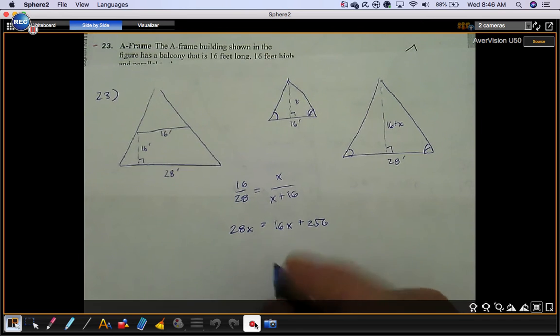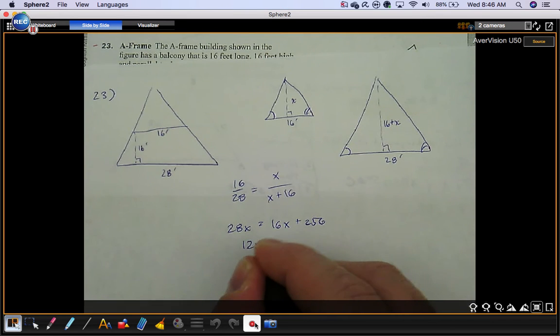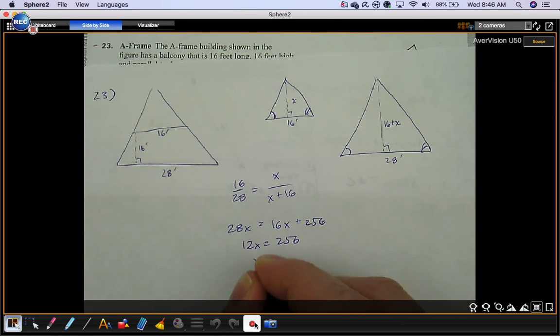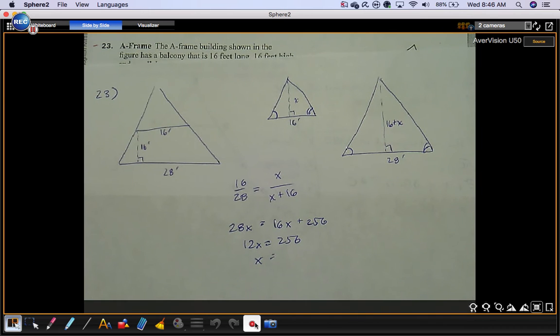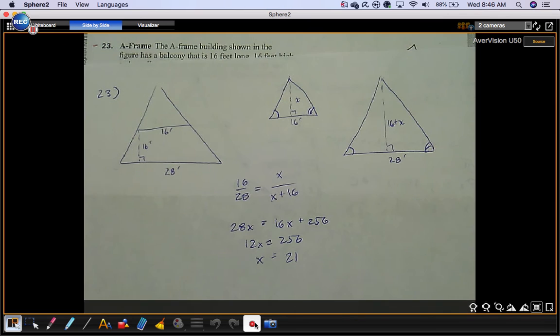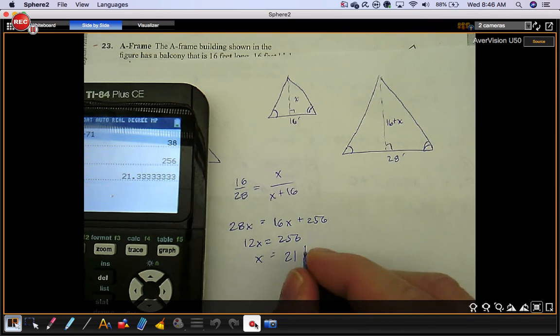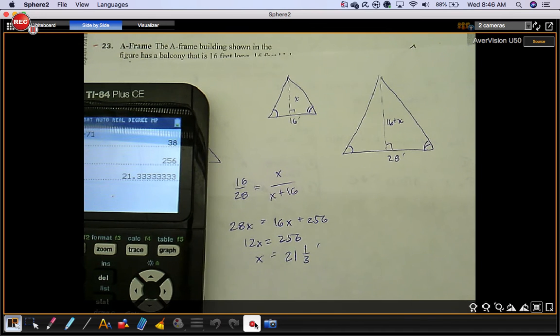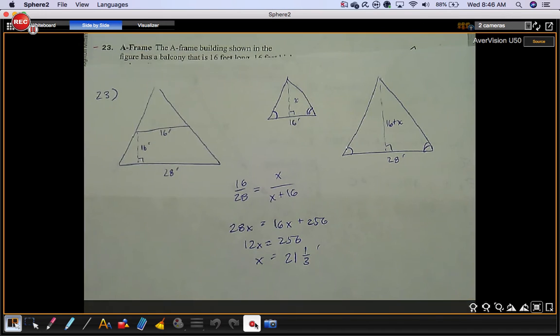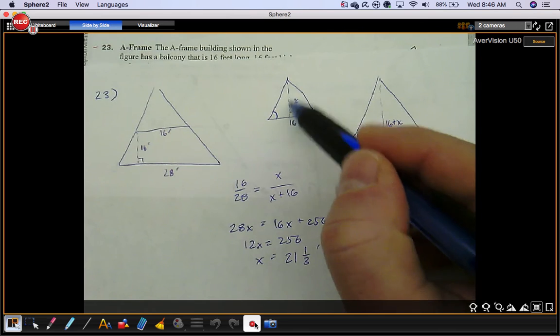And then you're going to solve for x. We're going to subtract 16x from both sides, and then we're going to divide by 12. Then we're going to get 21. I might as well show you. You're going to get 21.3 forever, which is 21 1/3 feet. Okay, now that's what x is. That's this distance.